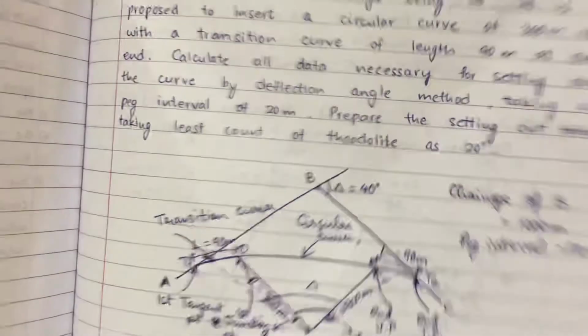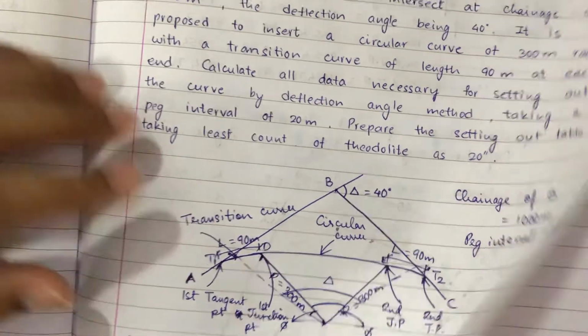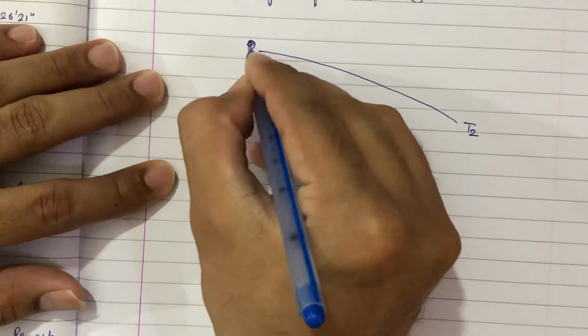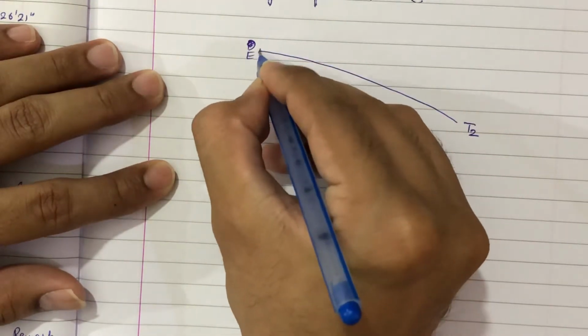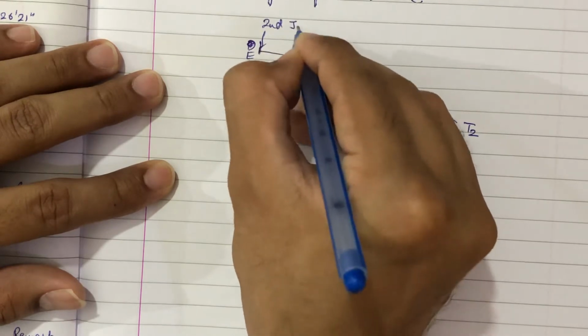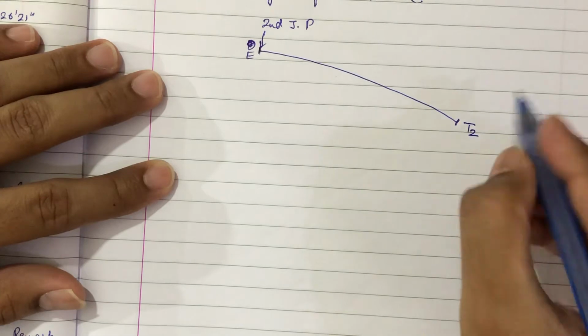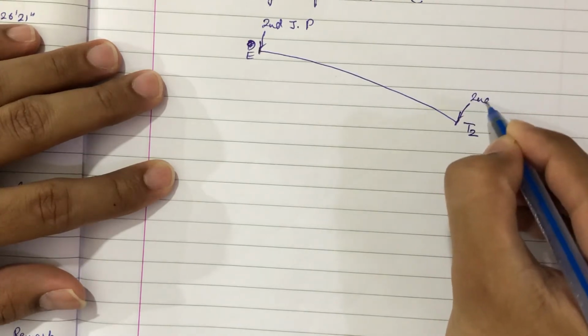This is point E and this is point T2. Point E is the second junction point, and point T2 is the second tangent point.